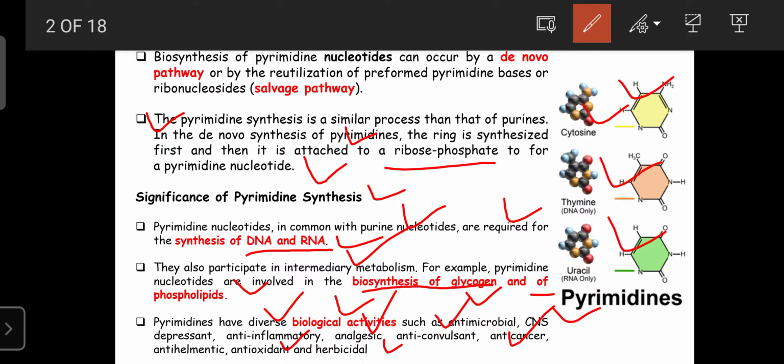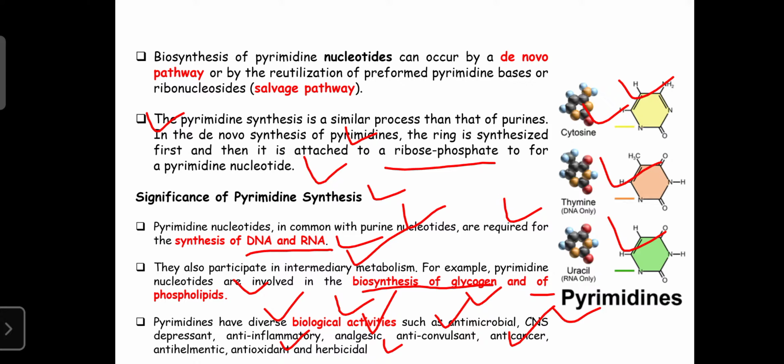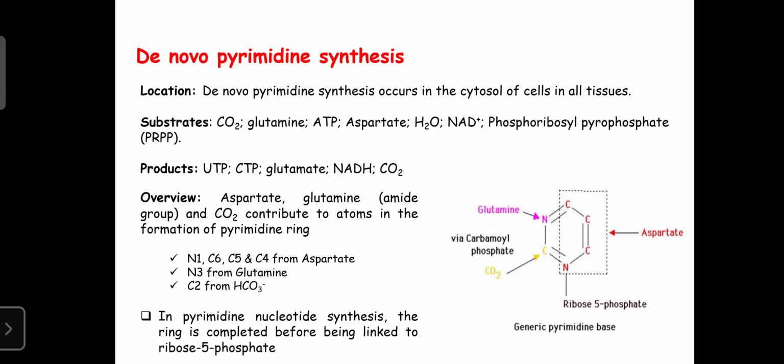Their derivatives have diverse biological activities, so they are helpful for the treatment of various disorders. Regarding de novo pyrimidine synthesis, that is nothing but the synthesis of the pyrimidine bases by utilization of amino acids, involved in the step-by-step synthesis of the basic molecule required for the synthesis of the pyrimidine nucleotide.